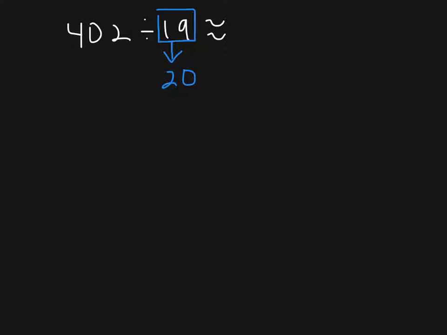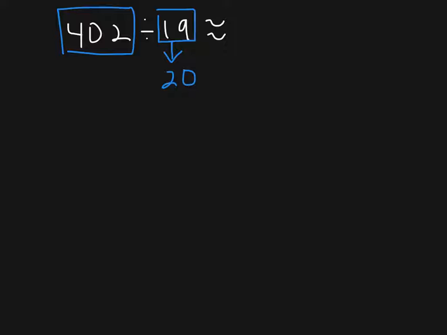Now, when we go to the dividend over here and estimate, we're not going to think about rounding to the greatest place. We're going to be thinking about what can I round to that will create a basic fact times 10 or an exponent of 10. So I've got a 2 times 10 over here with my 20.